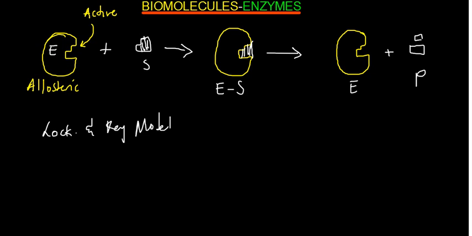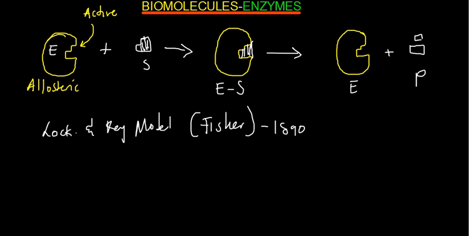We also call this the Fisher model. The lock and key is also called the Fisher model. This model was developed by Fisher in the year 1890, telling us that enzymes are highly specific.